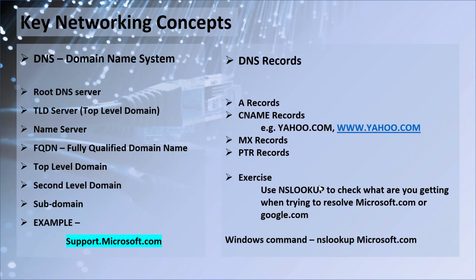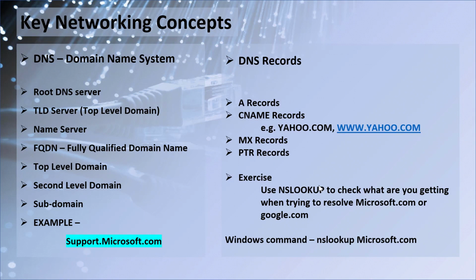A records map domain to IP address, and PTR maps IP to domain. There are other records as well that we are not going to cover in this session. These are the major ones. Otherwise, there are TXT records, which are used for various features and security purposes.